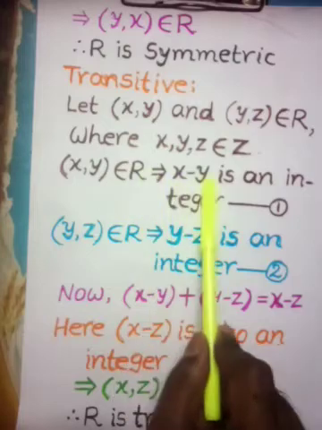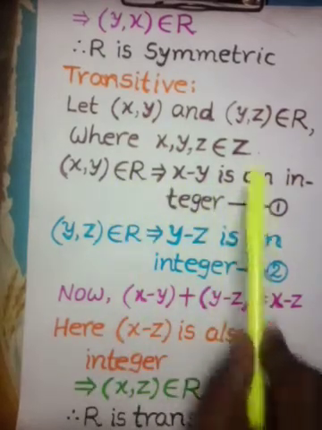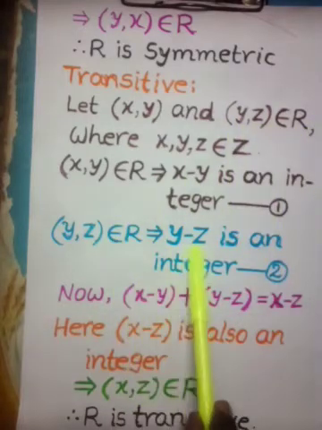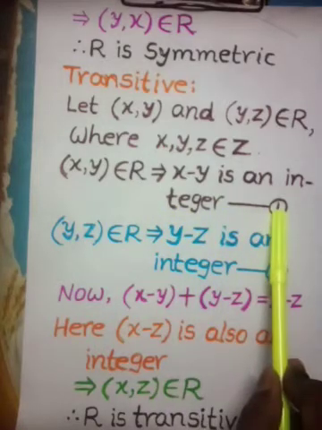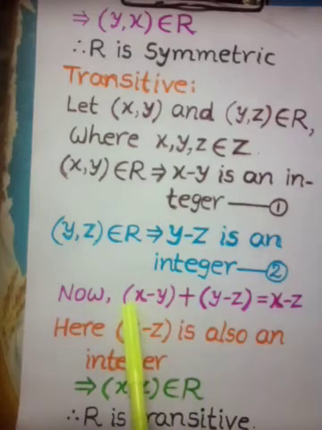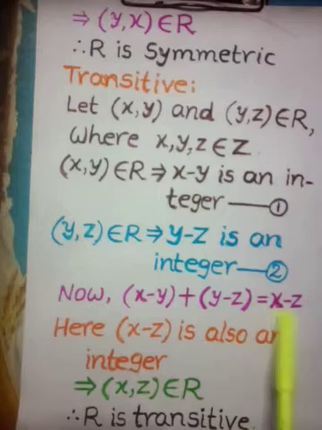It means x minus y is an integer. This is the given relation. Similarly, the ordered pair (y, z) belongs to R, which implies y minus z is also an integer. We assume this is one statement, and this is another statement. Now let us take the value (x minus y) plus (y minus z), that is equal to x minus z.